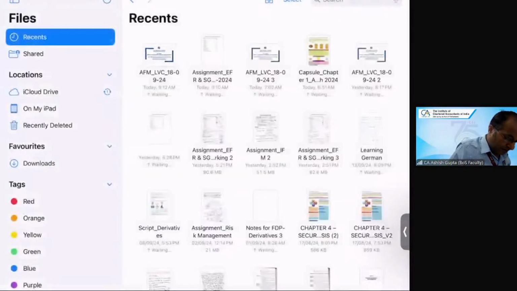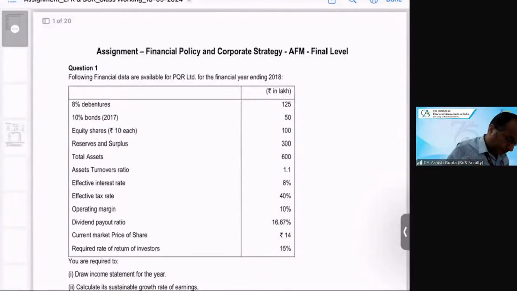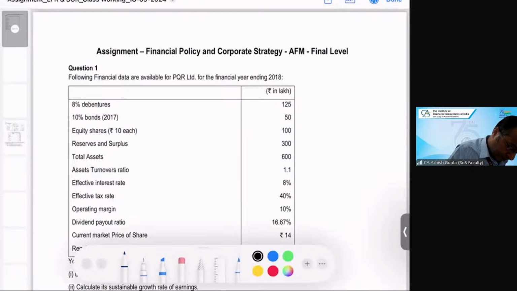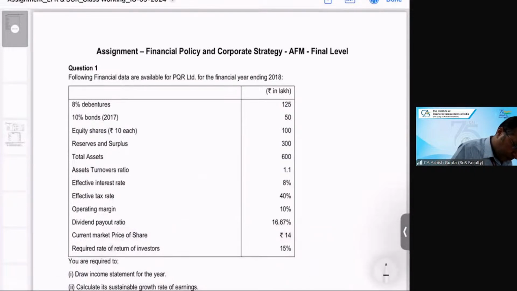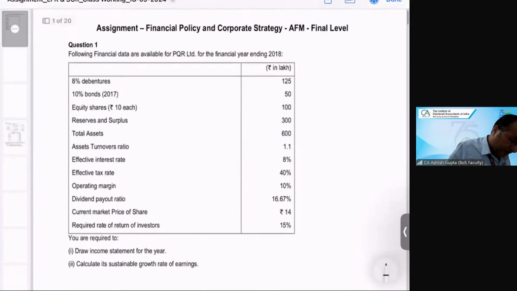Okay, students, now I'm coming back to the assignment. It says the following financial data is available for PQR Limited for the financial year ending 2018. Debentures issued, the amount is 125, at 10%, issued in 2017.